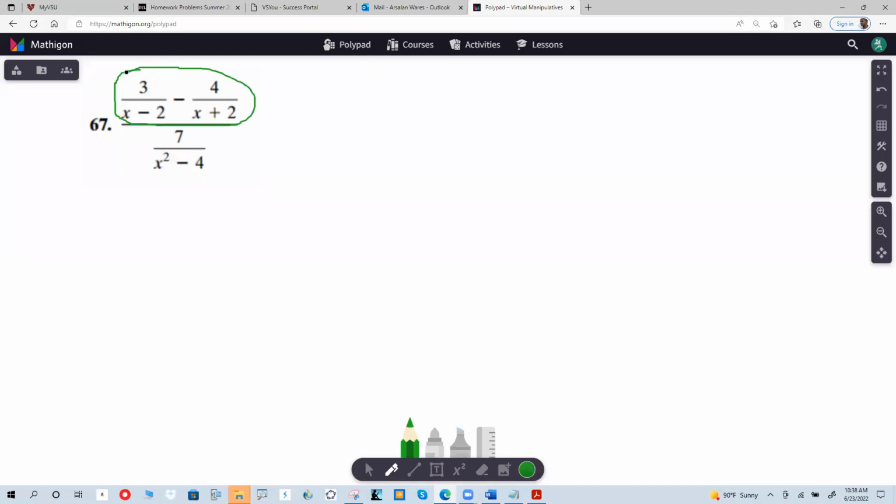Okay, in green. Now, I want the bottom to be the same. I'm just focusing on what I circled with my green marker. Okay, the bottom is x minus 2 and the other bottom is x plus 2. I want to take this guy multiplied by x plus 2, the denominator of the other term. And I want to do the same with the bottom.